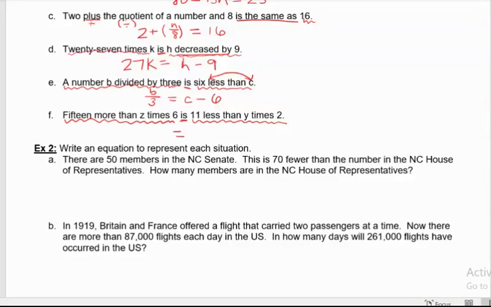More than tells me addition, and I'm going to switch them. So I have 6 times z plus 15. Less than also tells me I'm going to switch, but it's subtraction. So I have 2 times y minus 11.